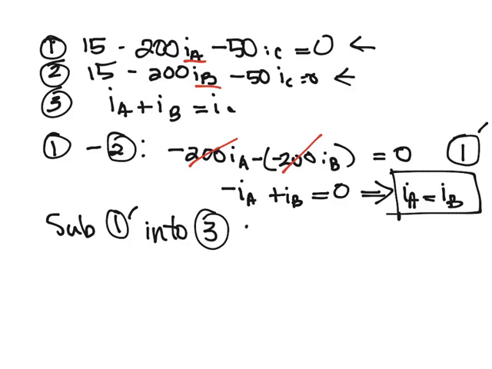So I'm taking this IA equals IB and I'm just going to replace IA with IB. So 3 becomes IB, because I'm replacing IA, plus IB equals IC. And I can simplify that to 2 IB equals IC.